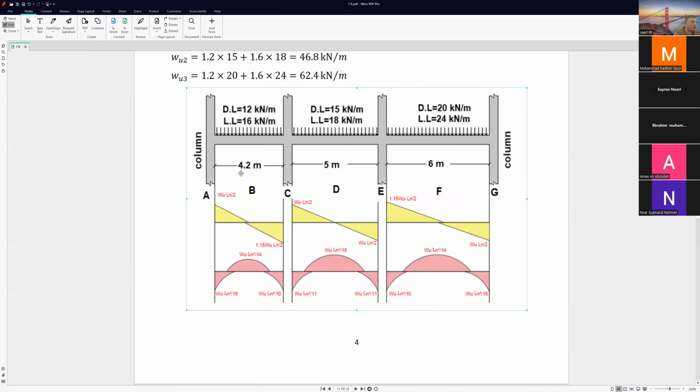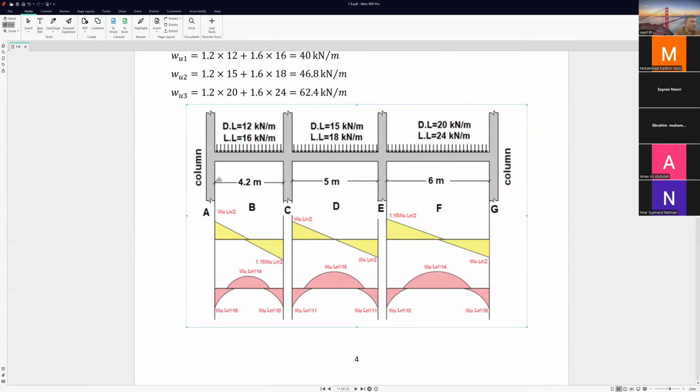If you look, the dimensions are from the face of the supports, not the center. This is important. In the exam, maybe I will give you the center dimension and the dimensions of the columns.